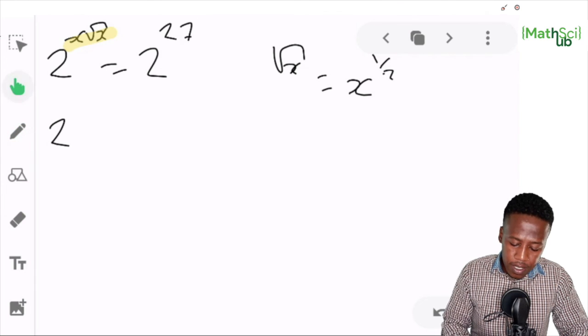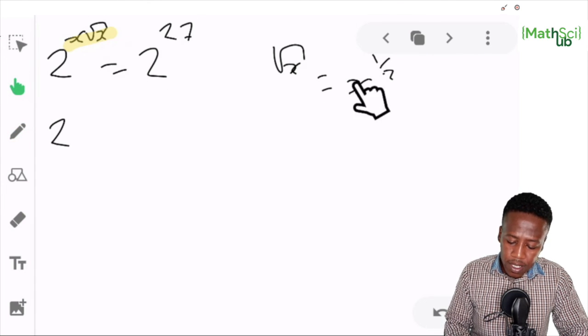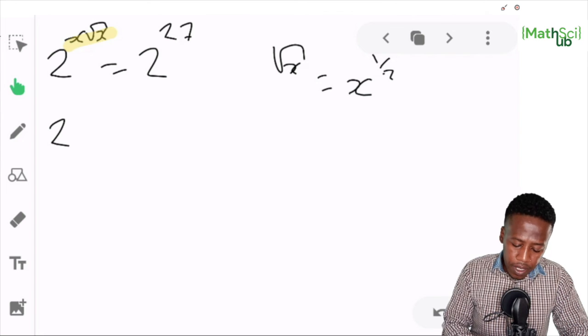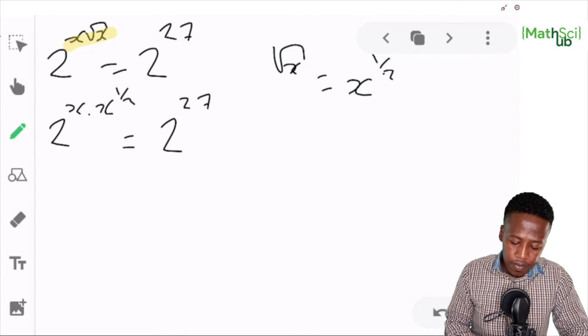So let's write this root of x in this form, meaning we are going to have 2 to the power of x times x to the power of a half equals 2 to the power of 27.